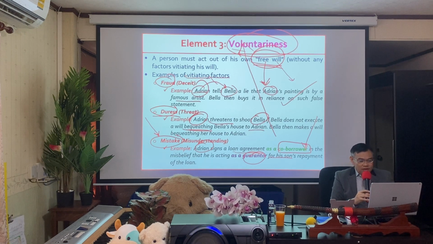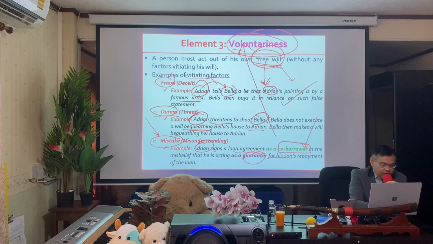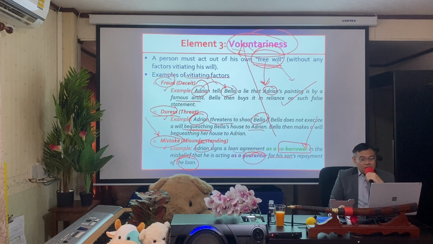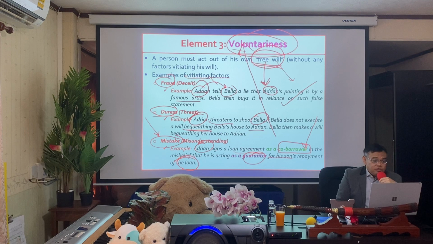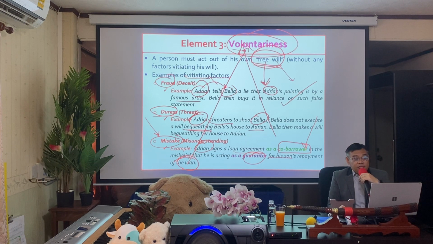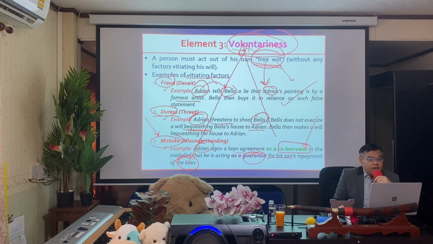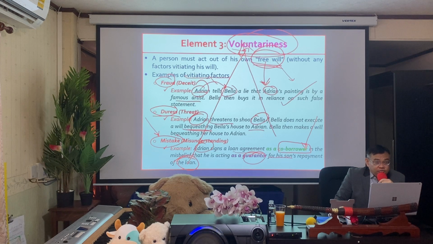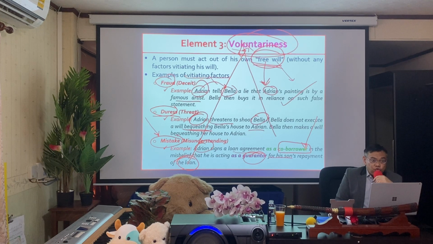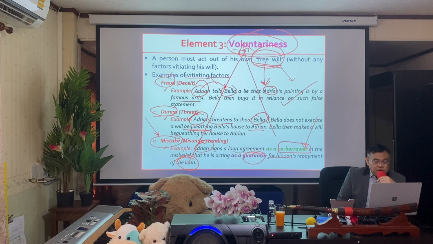So it is not a guarantee, it is in fact a loan agreement. The loan agreement is not a product of Adrian's voluntariness, because Adrian just makes a mistake. He misbelieves that this is the guarantee, not a loan agreement. So in this case, we have a juristic act which might not carry the full legal effect.